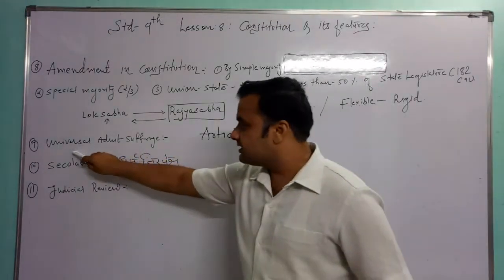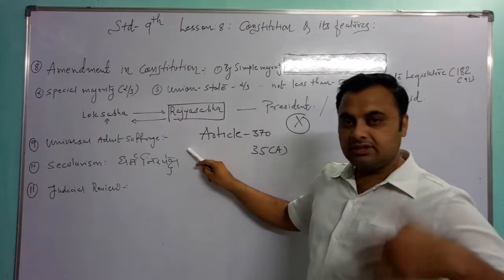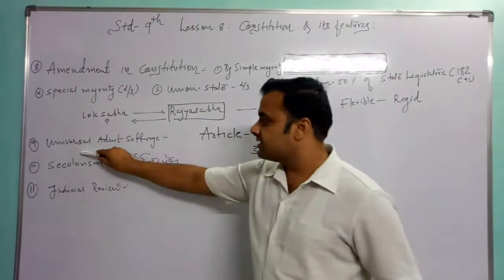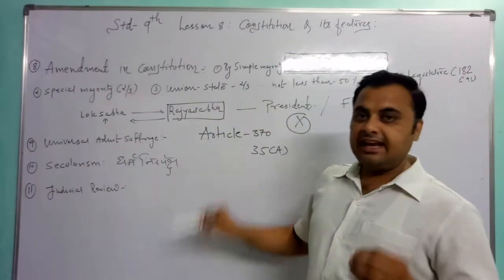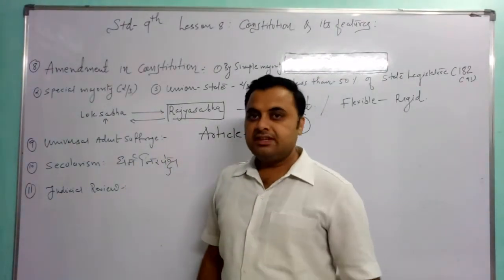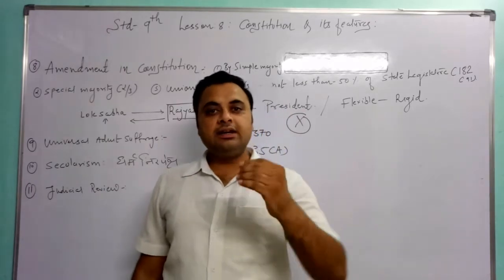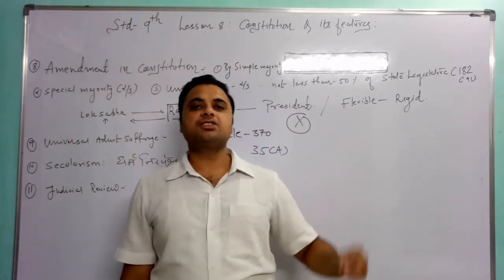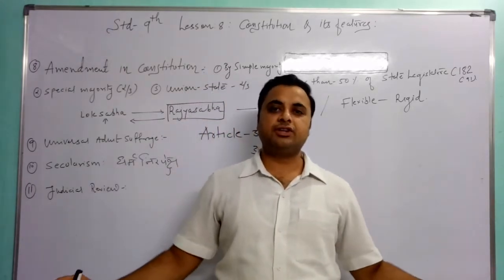Next, the universal adult suffrage. The next feature is the universal adult suffrage. That means a citizen of 18 years or above, an Indian citizen, casts their vote without any discrimination.